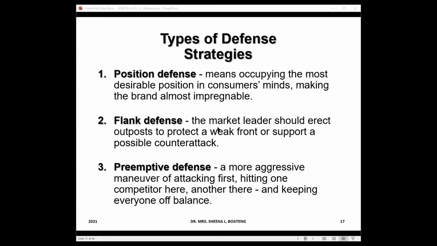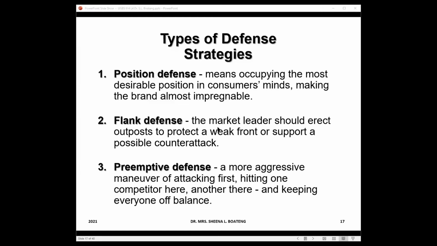So this is a typical example of flank defense. They have a very strong milk, which is Ideal, but they have another flank, which is going to support a possible counterattack should any other competing brand of milk try to penetrate. So you will realize that even though other brands of milk are on the market, Ideal and Carnation still hold their own.